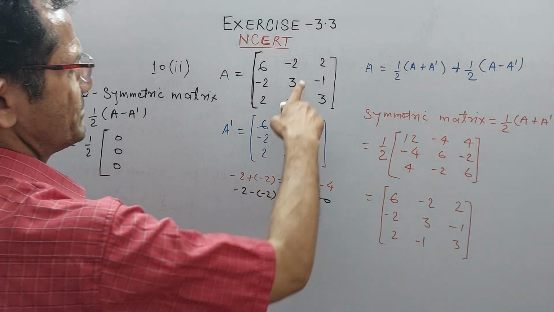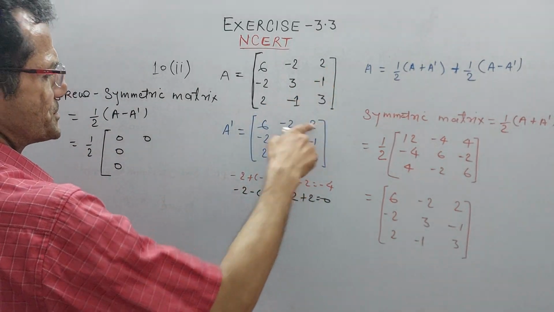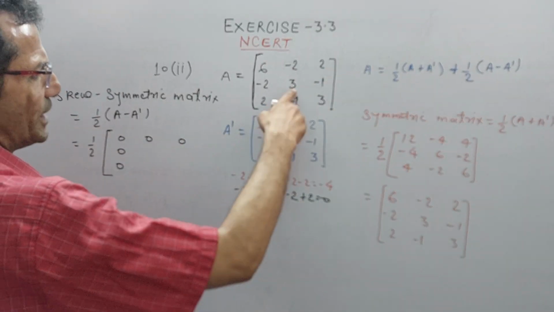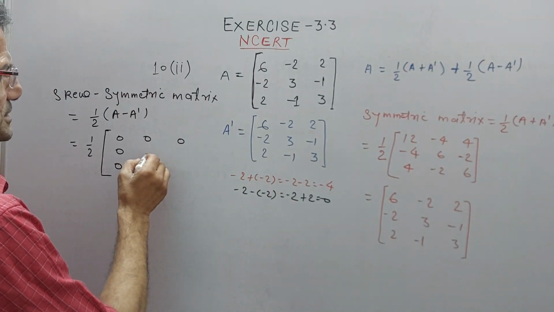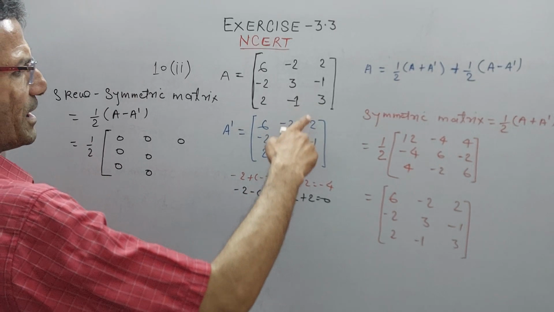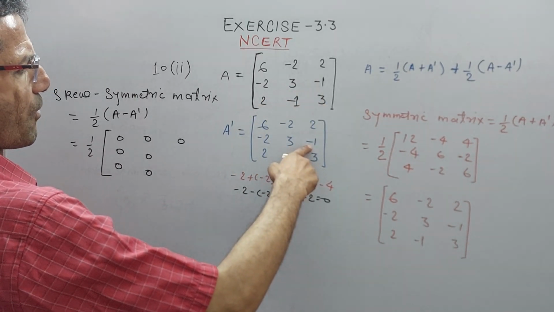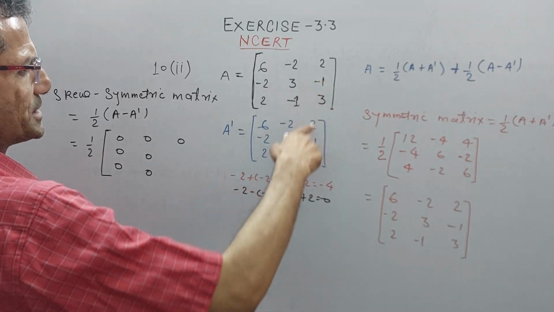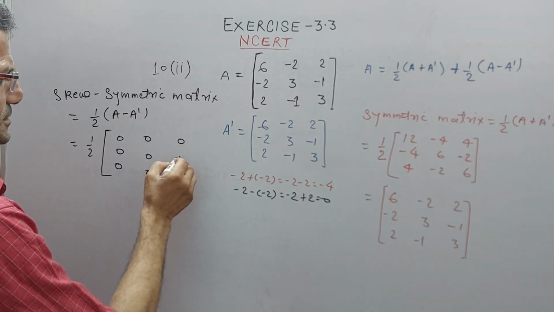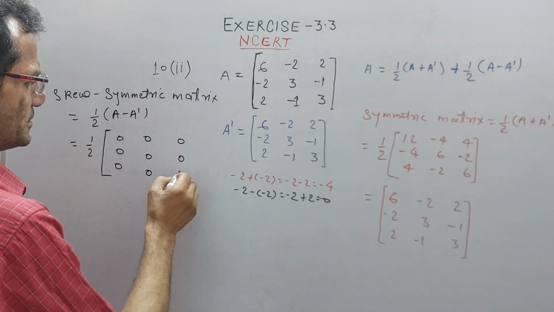And the next one, same thing, minus 2 plus 2 will be 0, and 2 minus 2 will be 0. And 3 minus 3 will be 0 here, and minus 1 minus minus 1 will be 0. Minus and minus, again 0, and 3 minus 3 will be 0.